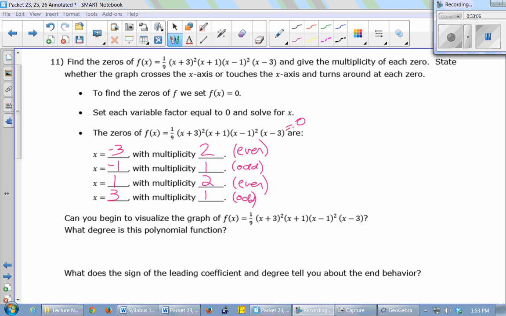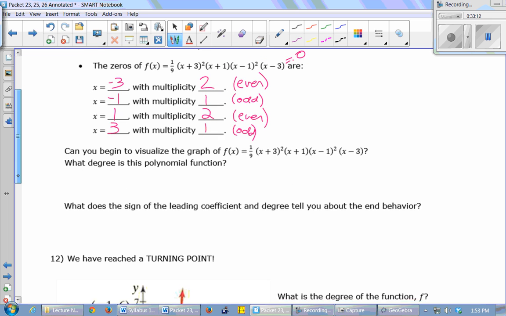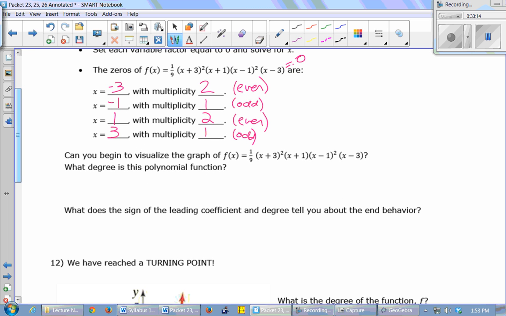Okay, so let's start to think about what the graph of this thing looks like. What degree is this polynomial function? 6. How do you know it's degree 6? Yeah, so I'm multiplying all these things together. This is x plus 3 squared times x plus 1 times x minus 1 squared times x minus 3. And when you're multiplying like bases, you add the exponents.